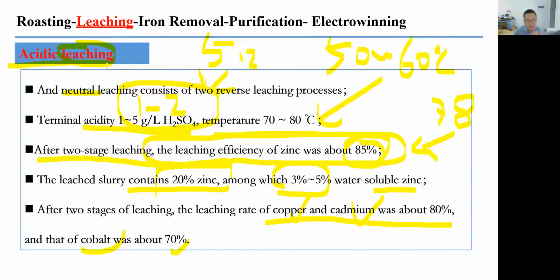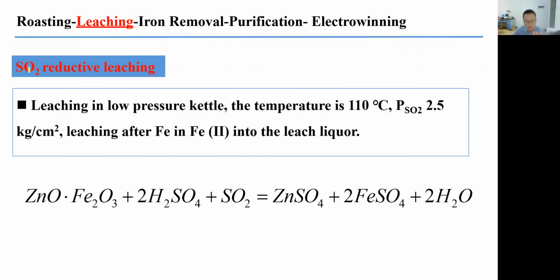Besides this acid leaching, hot acid leaching, another very novel or quite smart process for the leaching of the leaching slurry from neutral leaching is sulfur dioxide reductive leaching, which was developed by Iijima smelter in Akita in Japan.